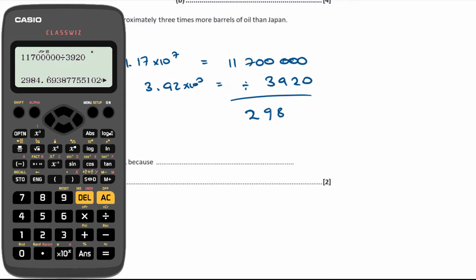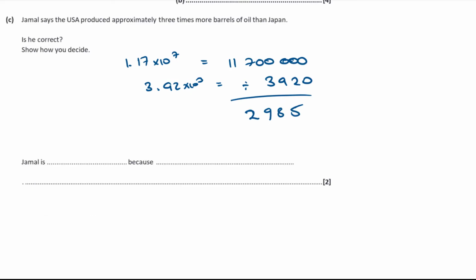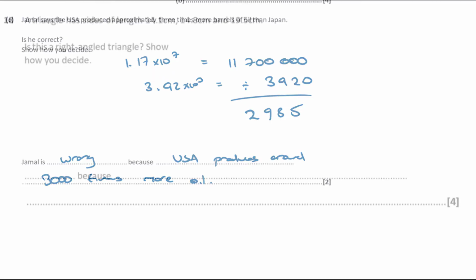I'm just going to round it off, so 2,985. So Jamal is wrong because USA produces around 3,000 times more oil.